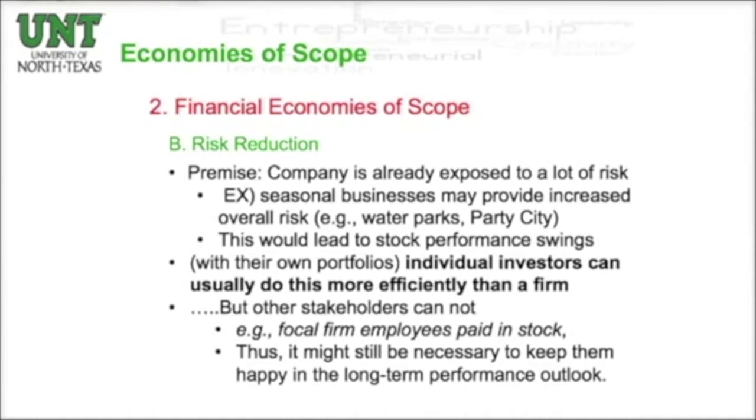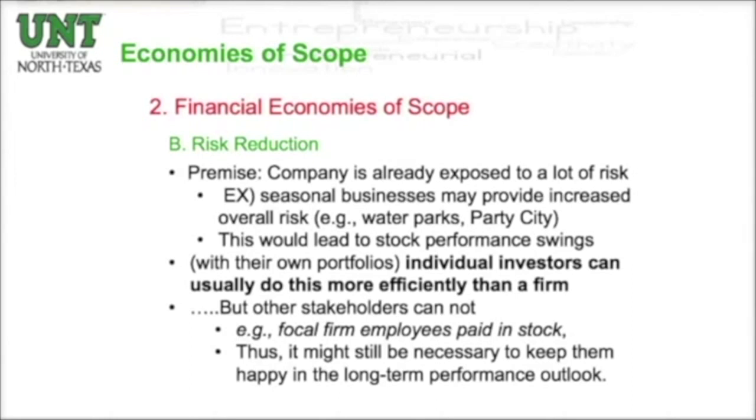So water parks in the summer, Party City does really well on Halloween, right? And they want to spread that risk out, so they expand into a different area, right? So that they can get people coming through the doors and drive up business in what would otherwise be considered an off season, right? So this would lead to several things that we need to talk about here.